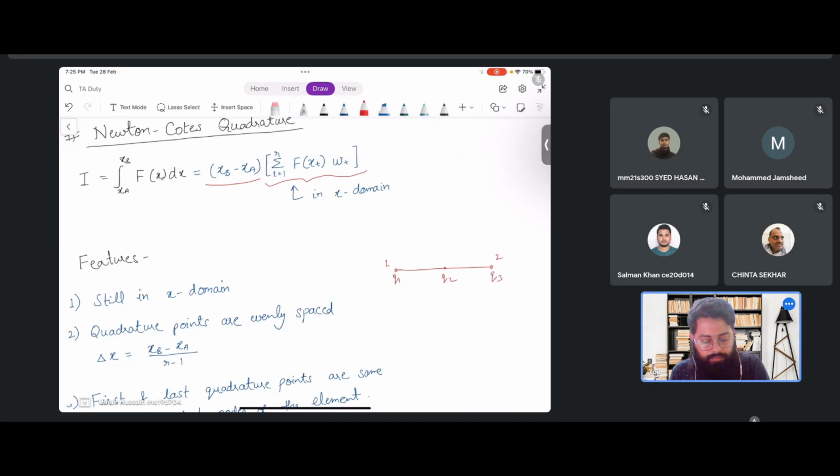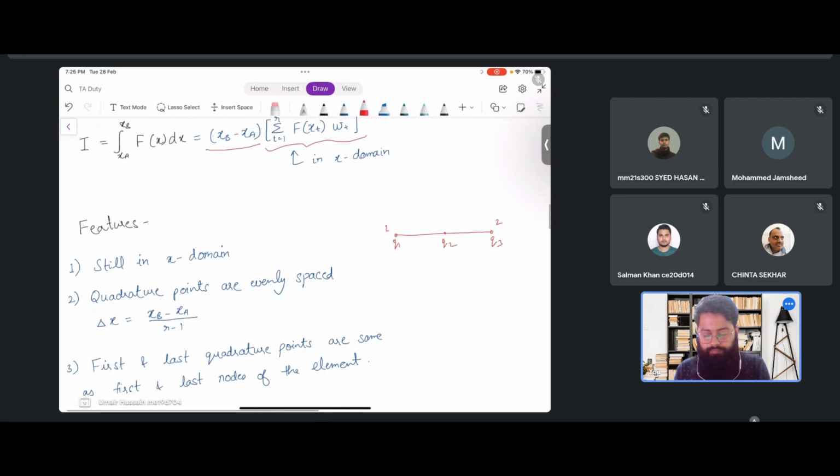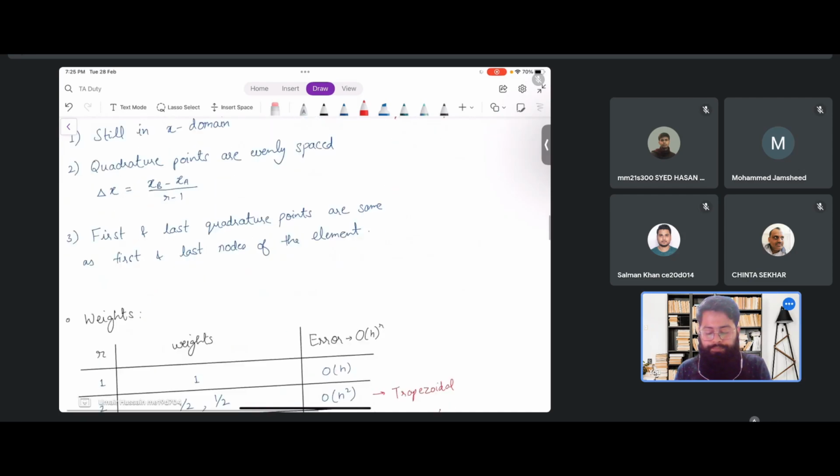Q3 would be here, and likewise we can add more points. No matter how many points we take, our first and last would always coincide with the first and last node of the element.